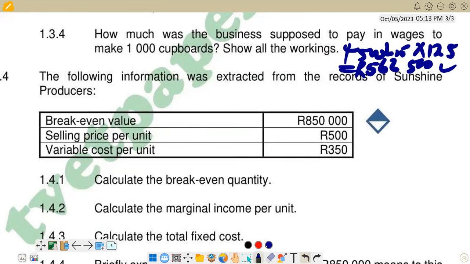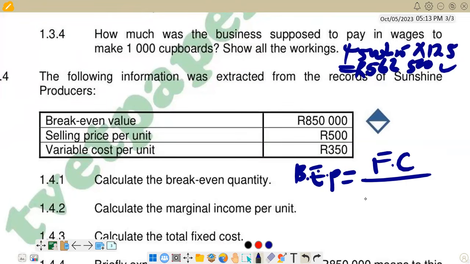When calculating the break-even quantity, the formula that we can use is fixed cost over selling price minus variable cost. If you look at the information that we have, we don't have fixed costs. The variable cost is there, and the selling price is also there, but you don't have fixed costs, so you cannot find the break-even point. That's a problem. So alternatively, we can use another formula.